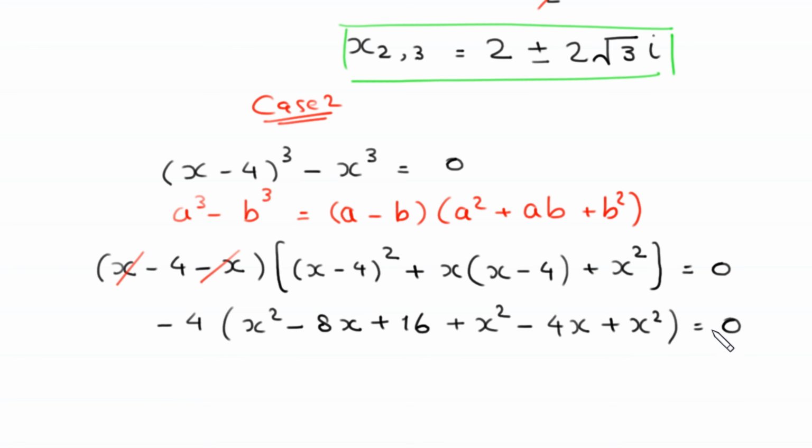Now if we divide both sides by negative 4, this negative 4 will be cancelled out, and here we are left with this x squared plus x squared plus x squared will become 3 times x squared, and negative 8x minus 4x will become negative 12x plus this 16 is equal to 0.